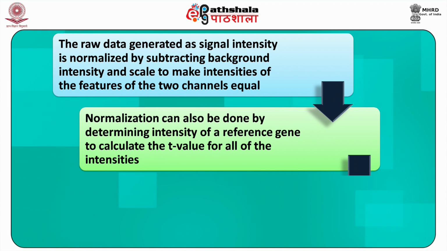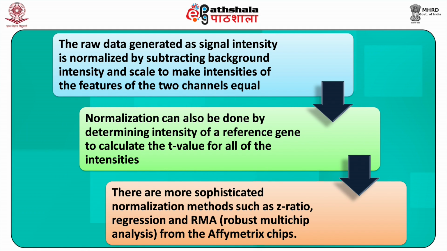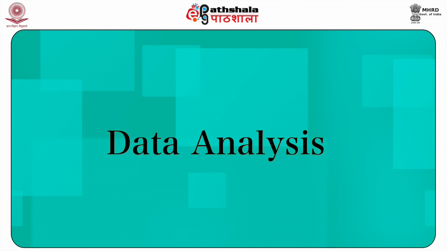Normalization can be done by determining intensities of a reference gene to calculate the t-value for all of the intensities. There are more sophisticated normalization methods such as Z-ratio, regression and RMA, which is robust multi-chip analysis, from the Affymetrix chips. Data analysis.